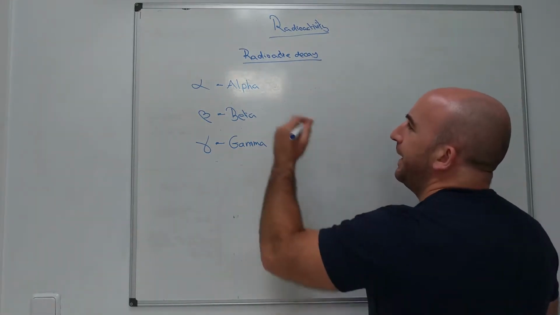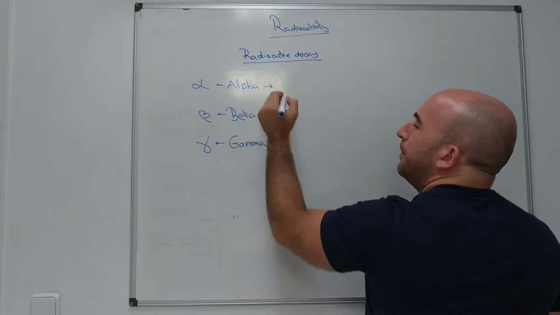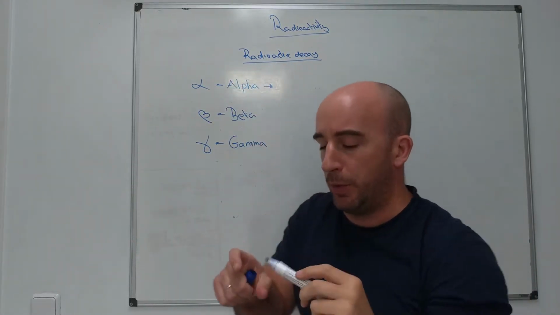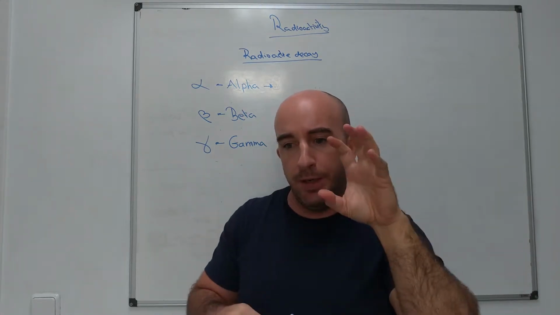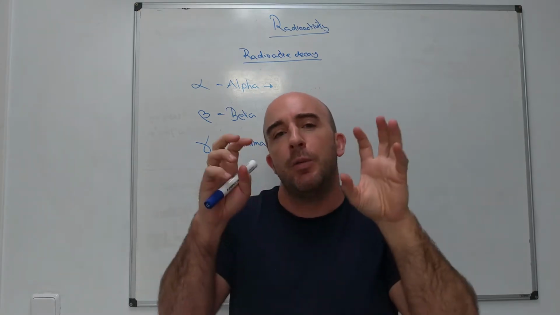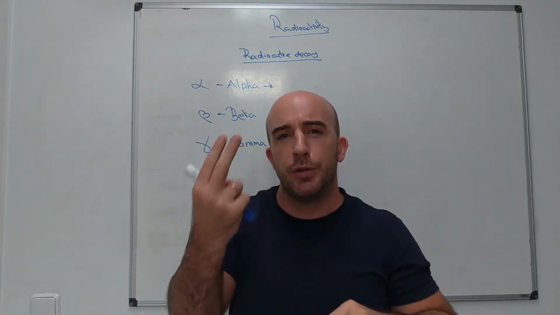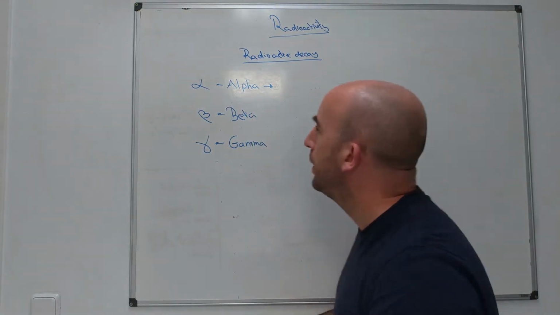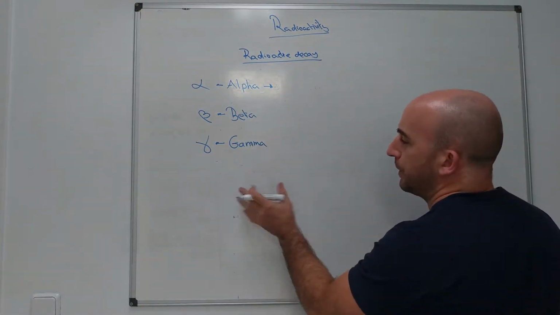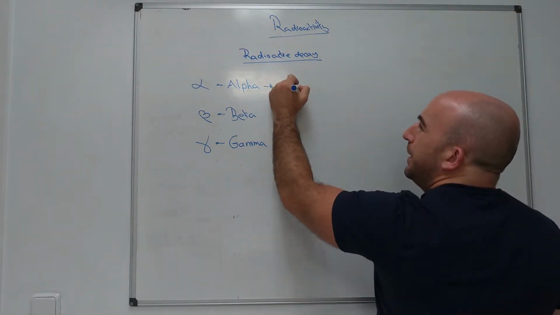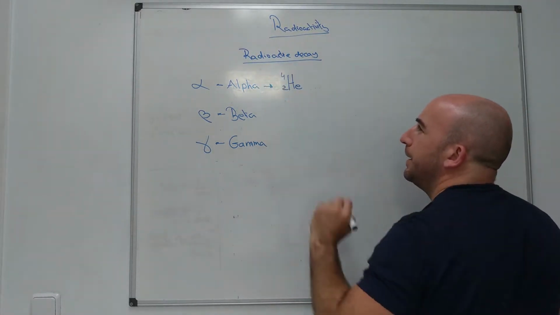In an alpha decay, when an element suffers an alpha decay, what happens is it will lose 2 protons and 2 neutrons. If you look at the periodic table, an element that has 2 protons and 2 neutrons is this one, helium.